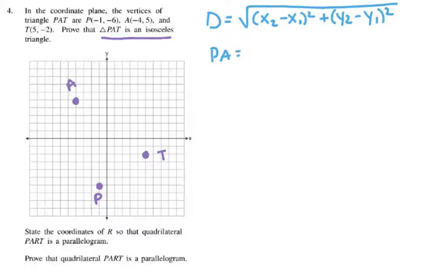For that, I'm going to use the points P and A: the square root of -1 plus 4 squared plus -6 minus 5 squared.